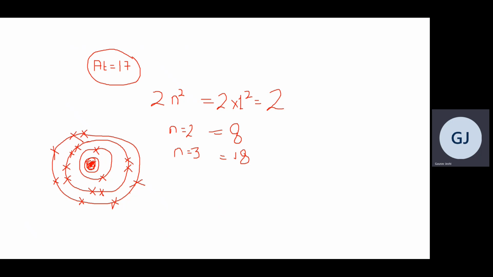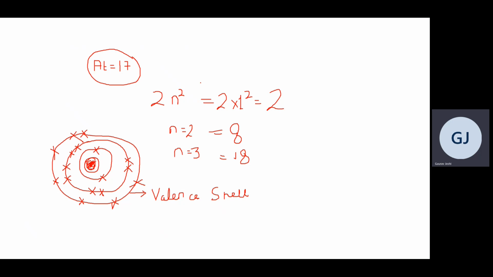This outermost shell of an atom is called the valence shell. The total electrons in the valence shell are called valence electrons. Here we have 7, so this atom with atomic number 17 contains 7 valence electrons. This is how we fill the electrons.